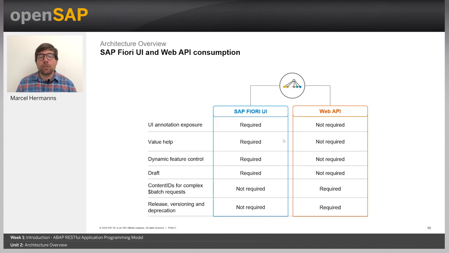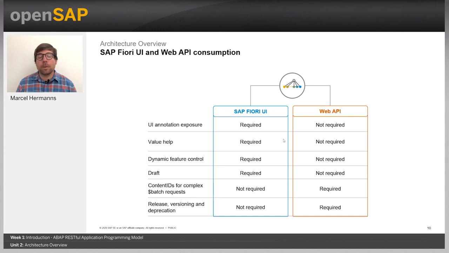Now it's in the nature of a Fiori UI or web API OData service that not all features are required, and we want to optimize the OData service towards the specific scenario. Therefore, it's really important that we understand for which scenario the OData service is used. UI annotations are only relevant for UI, same for value help, dynamic feature control and draft.